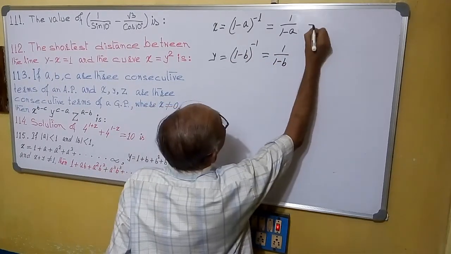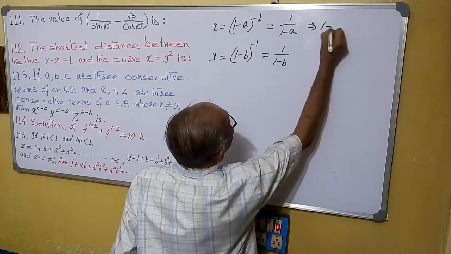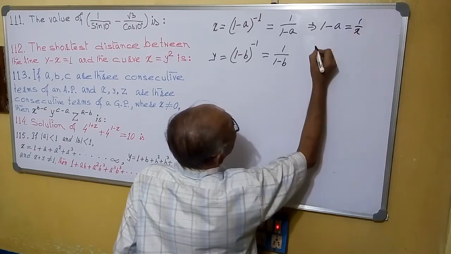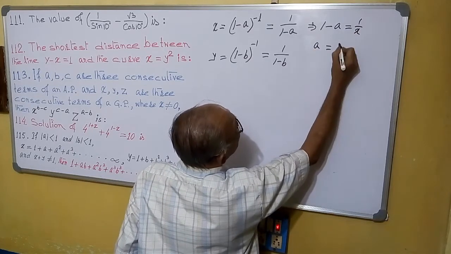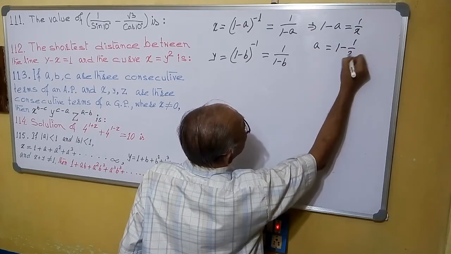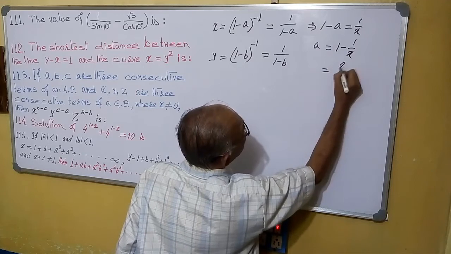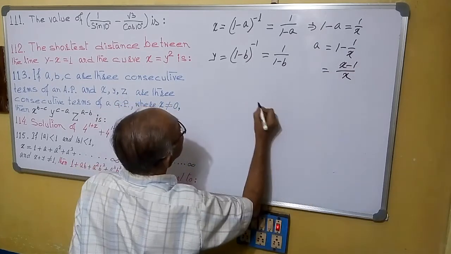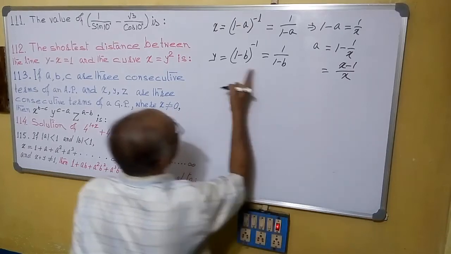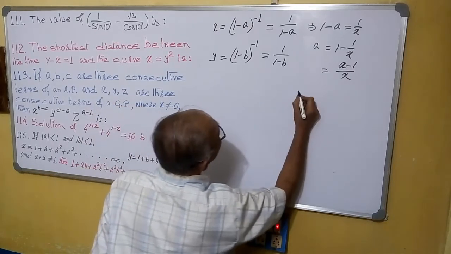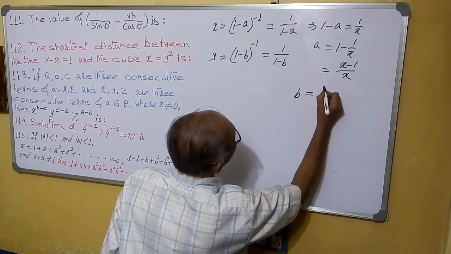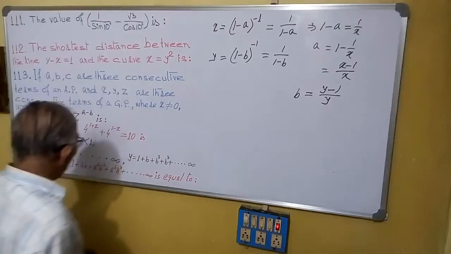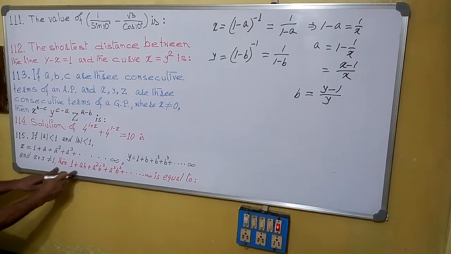From here we can write 1 minus a equals 1 by x, or a equals 1 minus 1 by x equals x minus 1 by x. Similarly, b equals, in the same manner, y minus 1 by y. Now we have to find the value of this one.